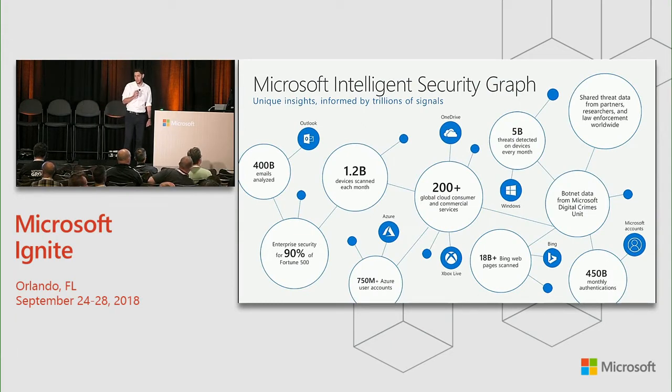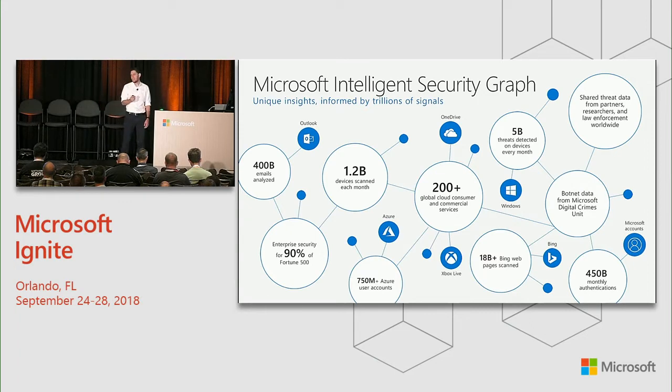Now, we're on Wednesday, so I'm pretty sure that you've seen this slide for like 8 or 9 times already. But beyond just saying that Microsoft runs 200 cloud services and that we're getting telemetry from over 1 billion Windows endpoints, what I want you to know is that our own researchers within the product team use the data from the Microsoft Intelligent Security Graph as part of our detections.